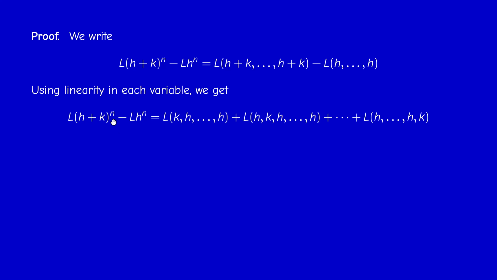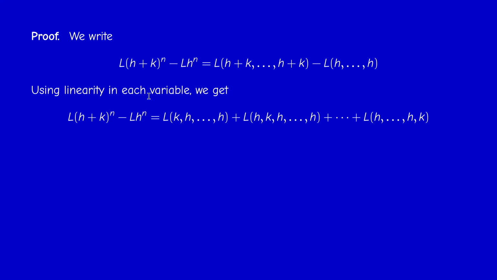For example, if n equals 1, you just get L of h plus k minus L of h, which is just L of k. If you have a bilinear map, and so on. So the first, it's the sum of n terms. The first one, we have k in the first place and the remaining variables h. Second term, k is in the second place, and so on. And in the last term, k is in the last place.